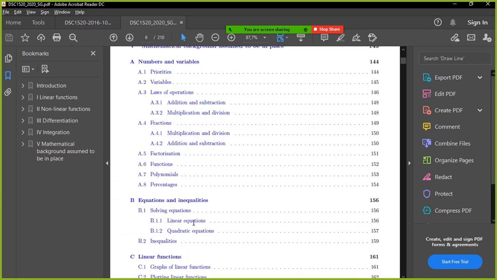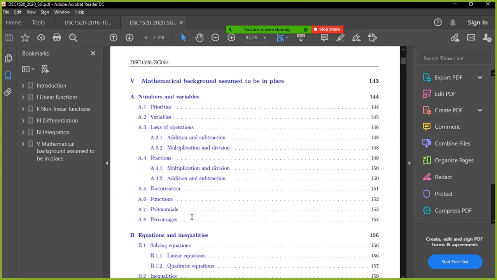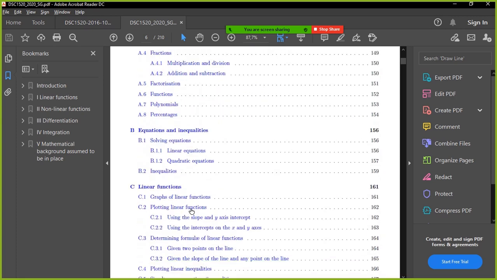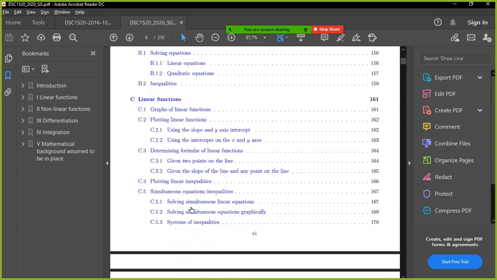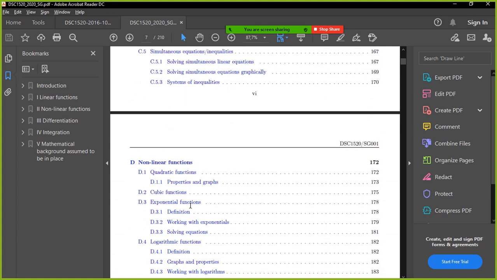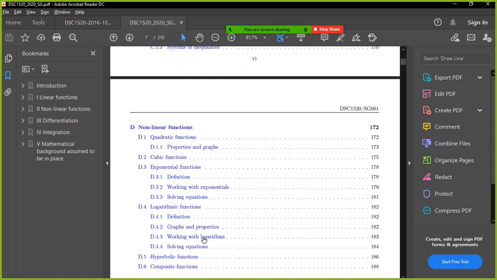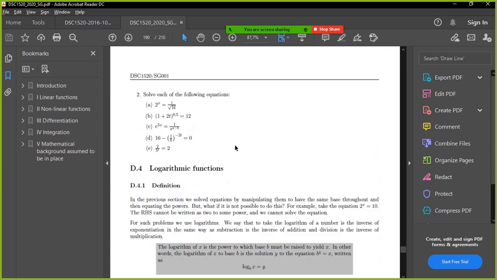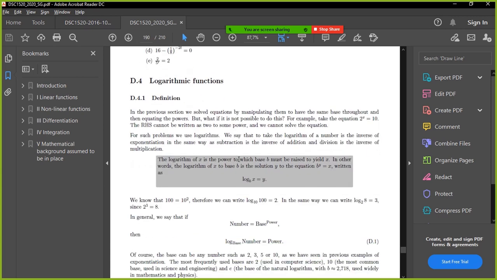Polynomials, percentages, operations. Where are the logs? Exponents, possibly. Working with logs is D4, 182. Correct. Good. Okay, so log functions.